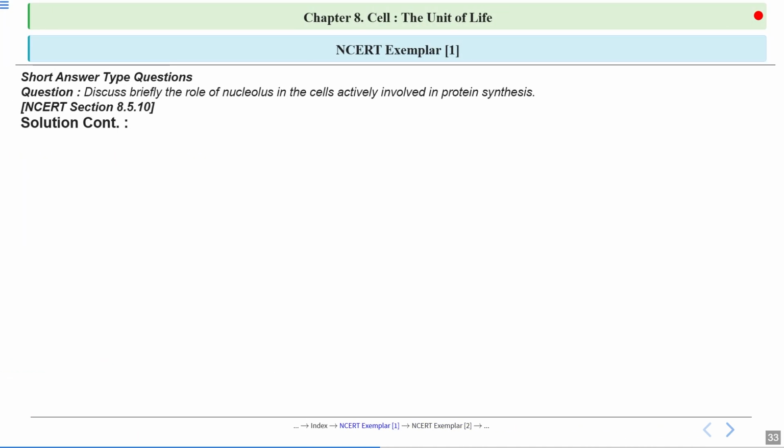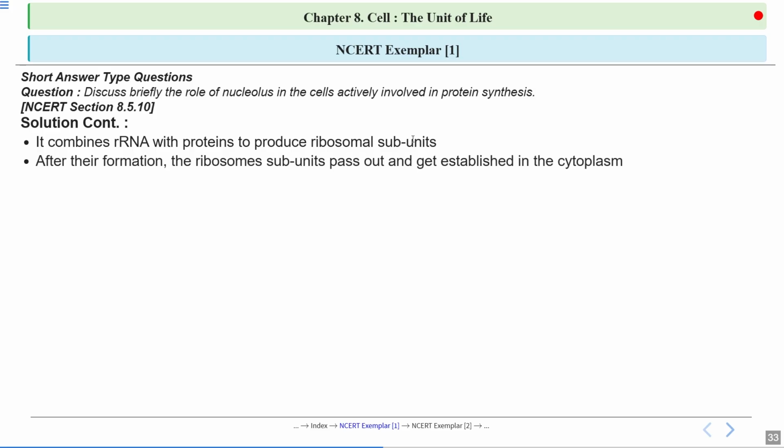Now next, you have to discuss briefly the role of the nucleolus in the cell activity involved in protein synthesis. Okay, this we are discussing. It combines ribosomal RNA with proteins to produce ribosomal subunits, the large subunit and the smaller subunit. So it is helping in ribosomal assembly also.